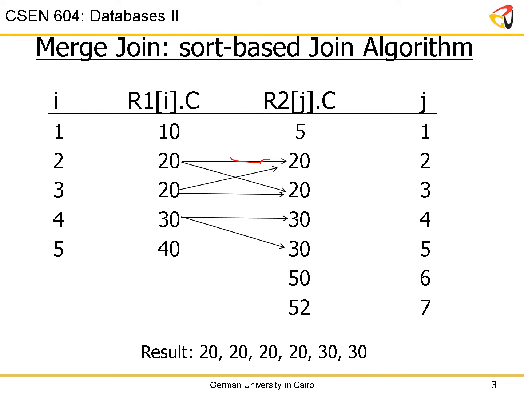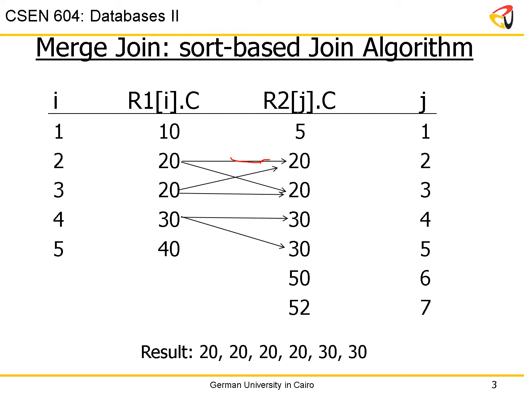I'm going to put a red line here that shows what I'm referring to, and then I'm done. What I need to do is make sure that I also pair it with the second 20 on R2.c. Okay? So this is what we're going to do.